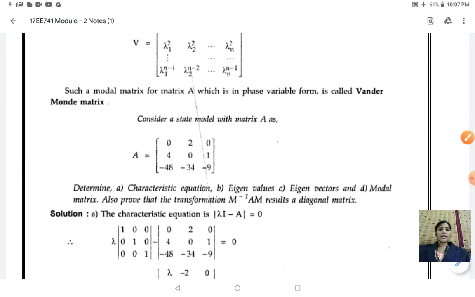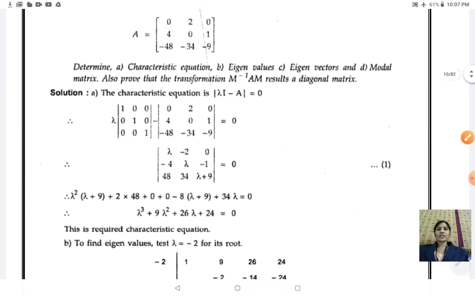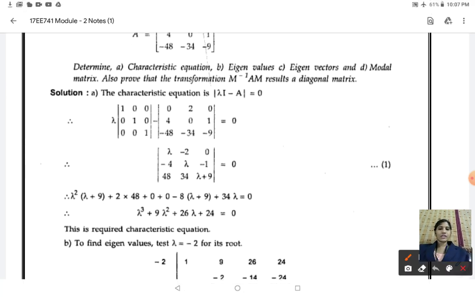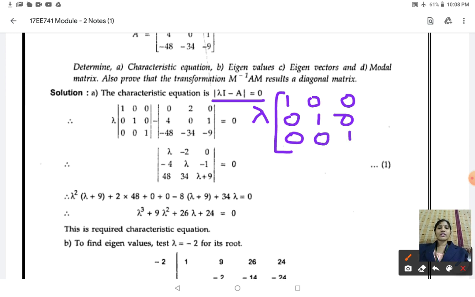First we will identify the characteristic equation. So what is the formula to obtain your characteristic equation? It is |λI - A| = 0. Lambda is your factor, I is your identity matrix whose order is equal to the order of the matrix A. So we will be getting it like this: the identity matrix times λ minus the A matrix. What is your A matrix?